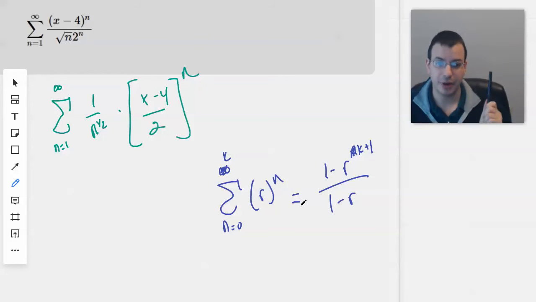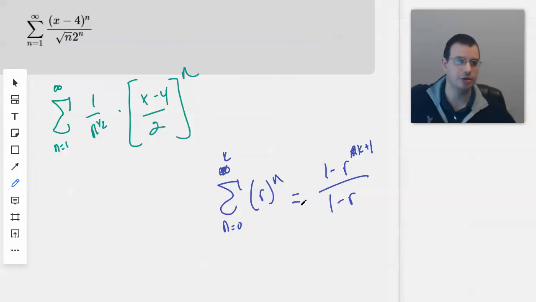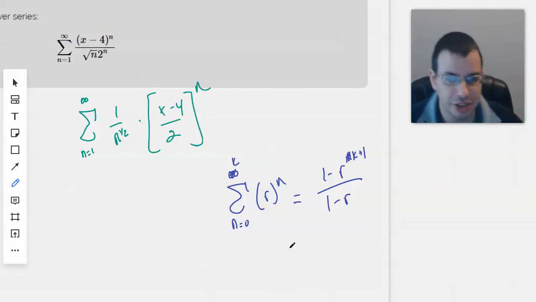But if r is less than 1, like 1/2, you start with 1/2, square that and you get 1/4, cubed would be 1/8, 1/16, 1/32, and it keeps getting smaller. So a geometric series only converges if the value in the middle is less than 1.